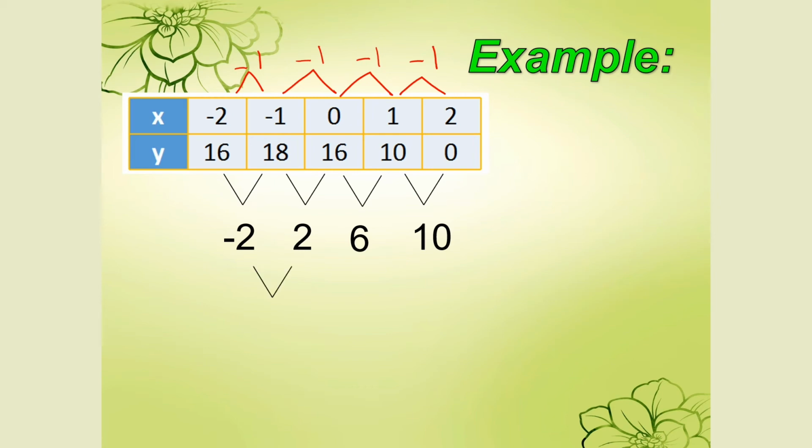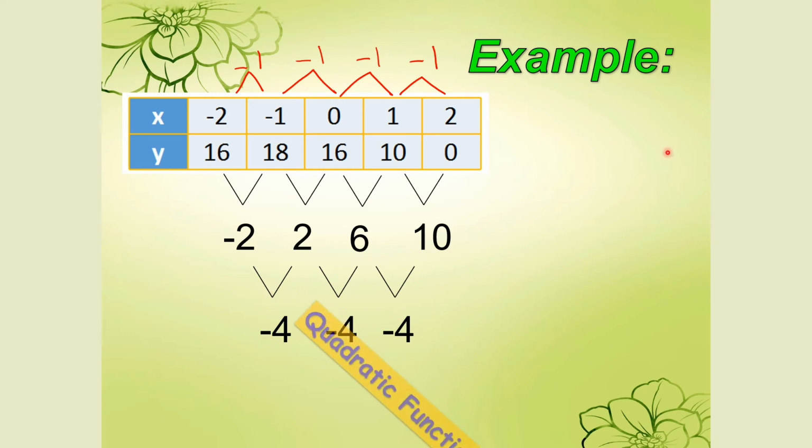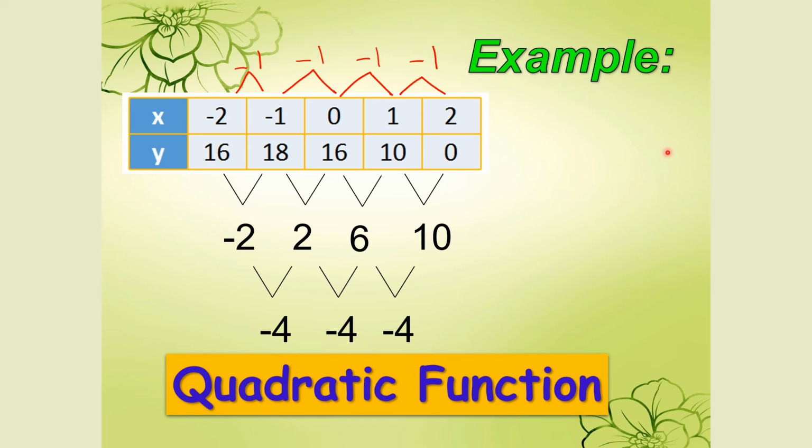Negative 2 minus 2 is negative 4. 2 minus 6 is negative 4. And 6 minus 10 is negative 4. This is what we call equal second differences in y. So, on the second time we subtracted, the differences became equal. This means that the table of values illustrates a quadratic function.